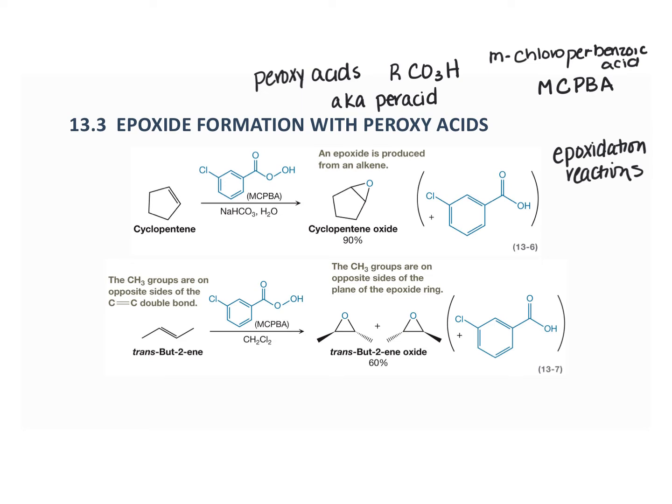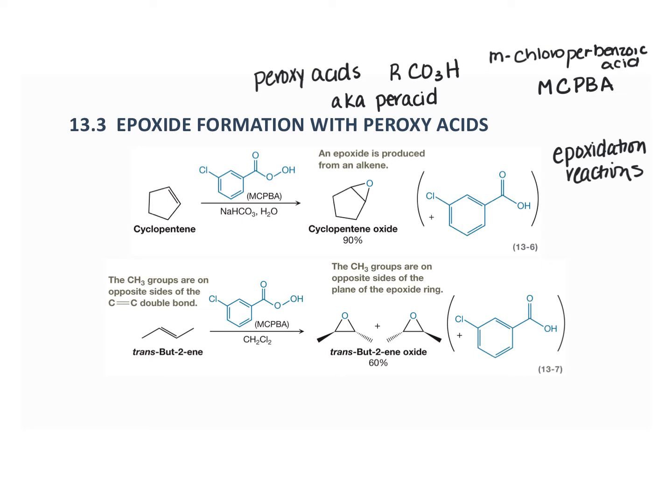And the peroxy acid part, what you're looking at here, is these two oxygens, right? The bond between these oxygens. Now, here's the tricky thing about this particular reagent: it can be shown as mCPBA, it can be shown like this, or it can be written like this. You have to recognize that those are synonyms of each other.